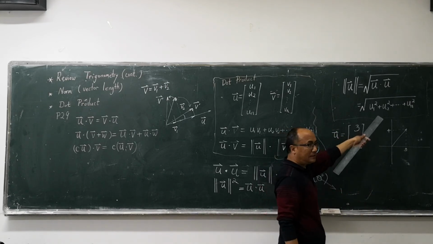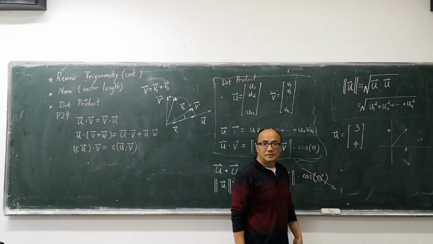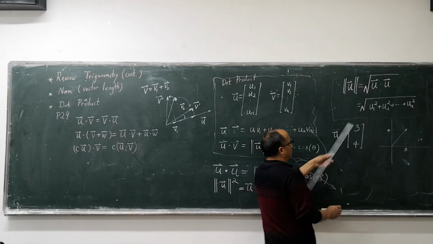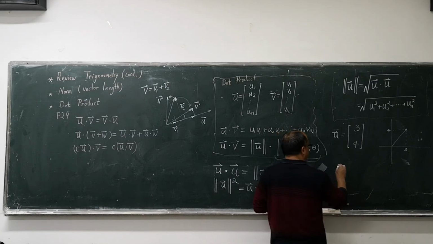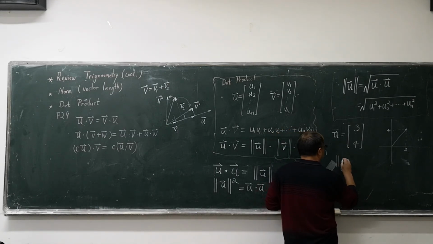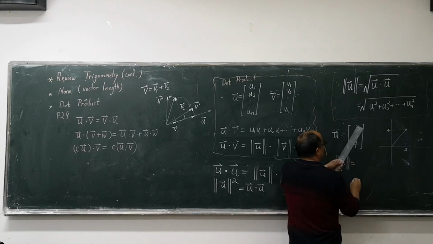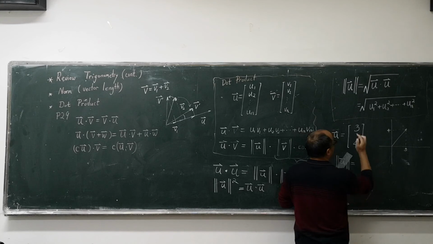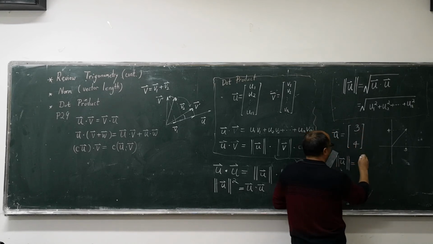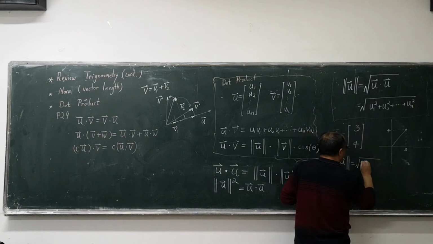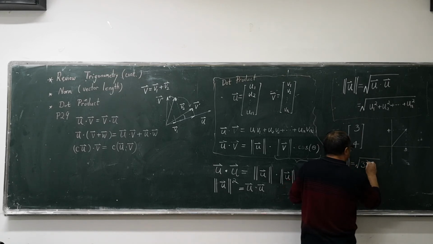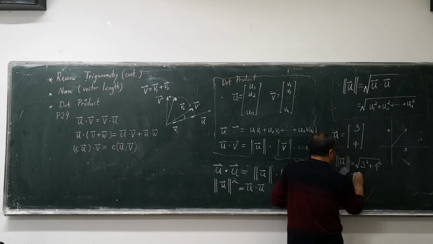Can you do that? Let me. So U1 is a 3. Here we only have 2 dimensions, okay? 3 square plus 4 square, so it is 9 plus 16, 25.